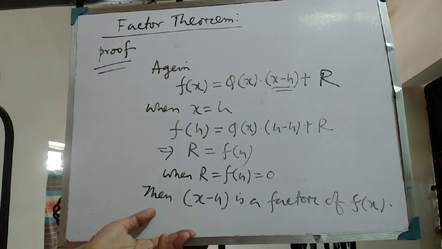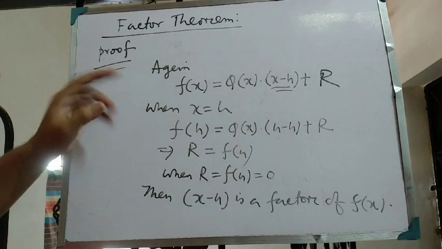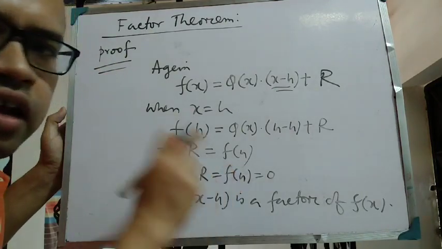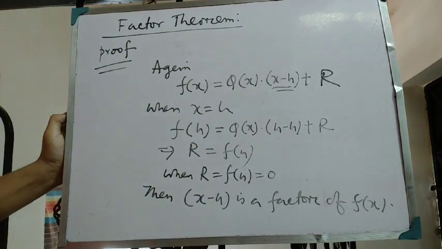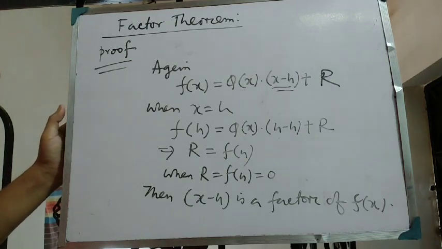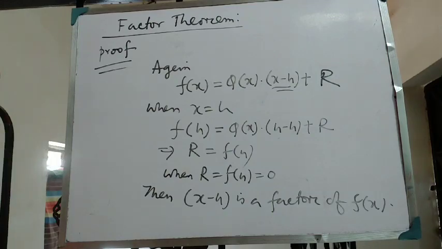So that is why when the polynomial vanishes for the real number h, then x minus h is a factor of f(x). So that completes the factor theorem.